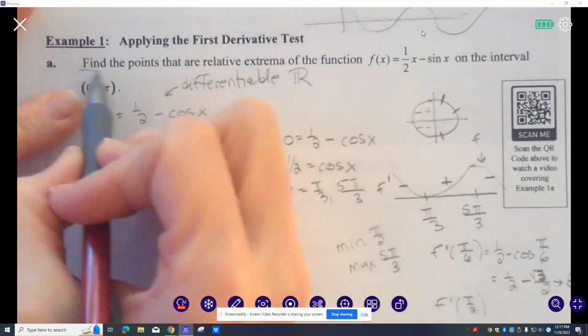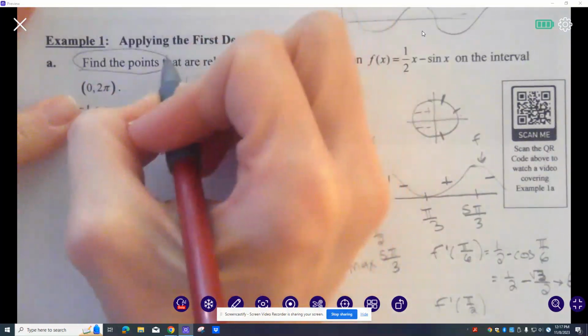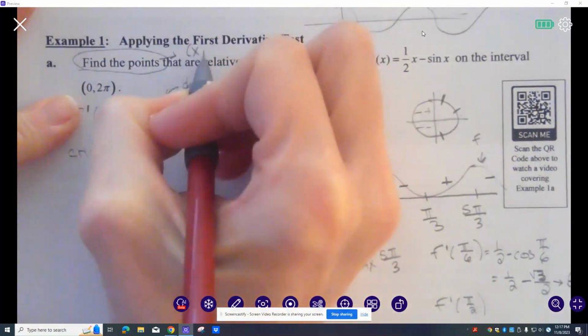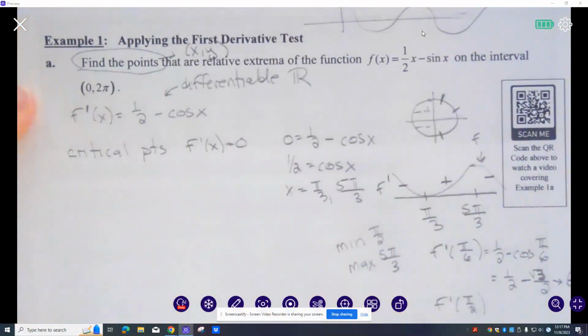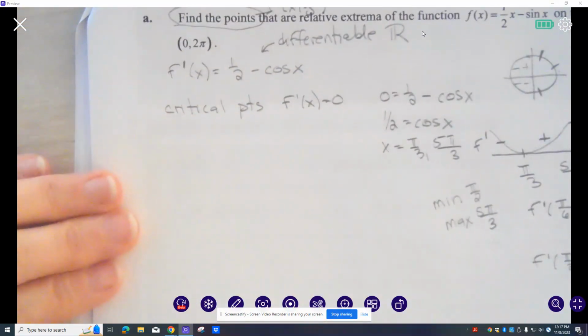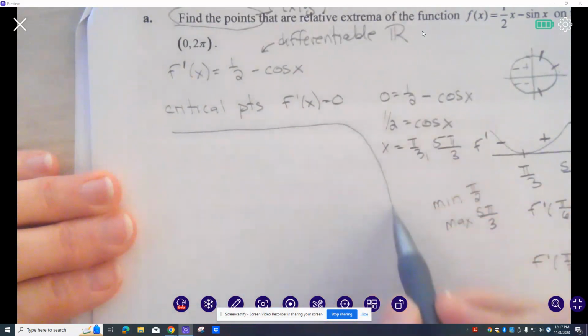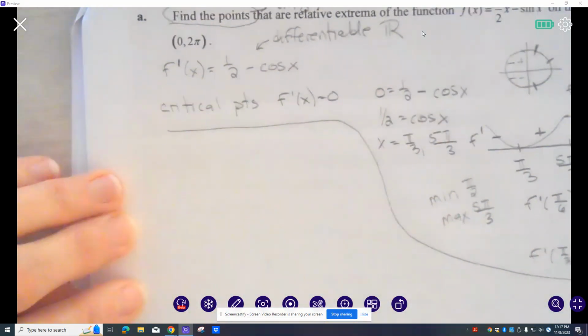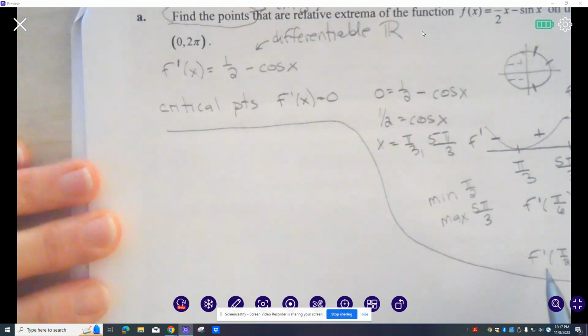Now, up here in the directions, it said find the points. When it says find the points, you need to find x and y. So before I put my answer here, I'm going to do my work over here. I need to find the y value.